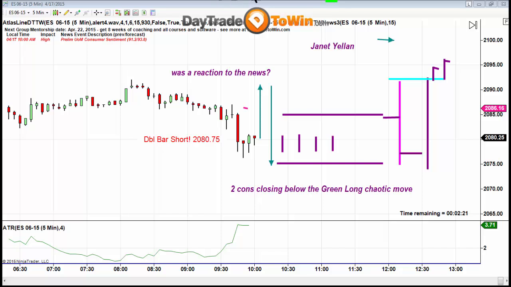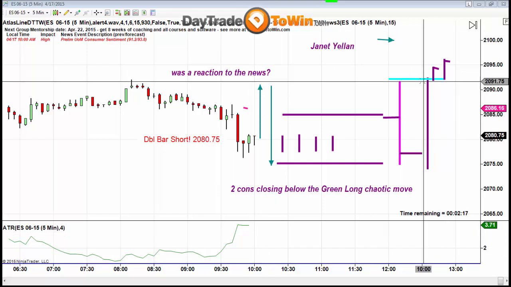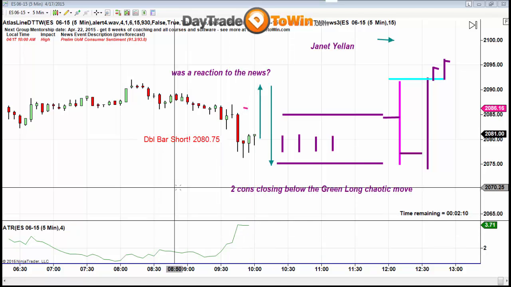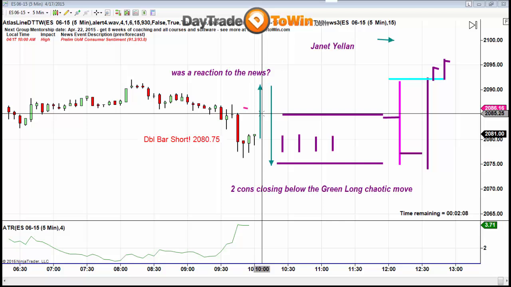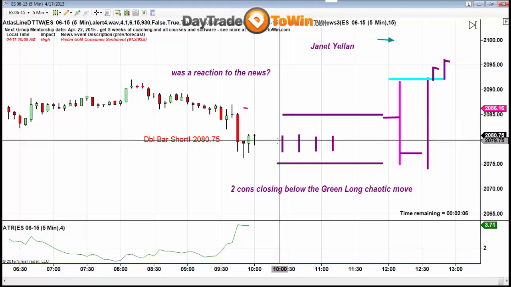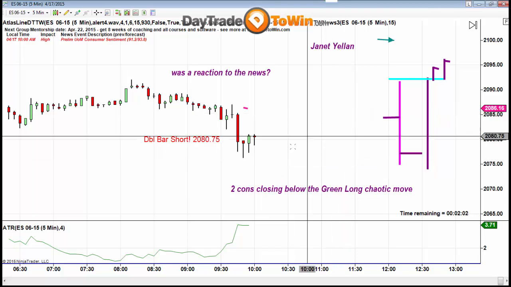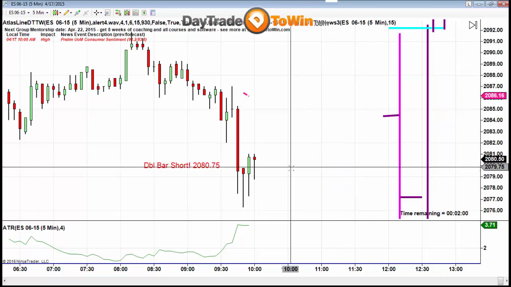So Andy asks here, how big does the chaotic candle have to be? It has to be relative. So when you look at the market, let me put it in realistic terms here. Look at the 4 or 5 candles that came prior to the news.